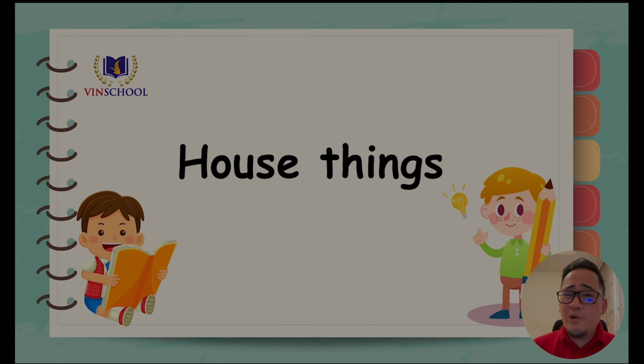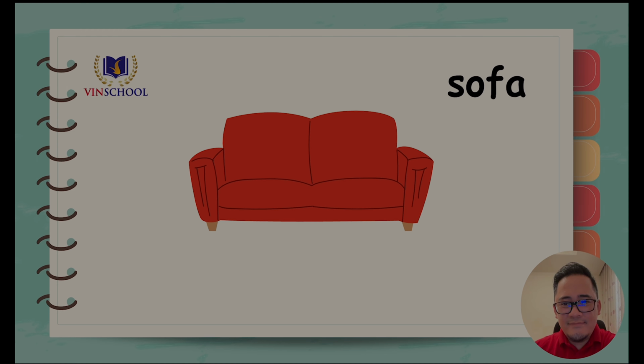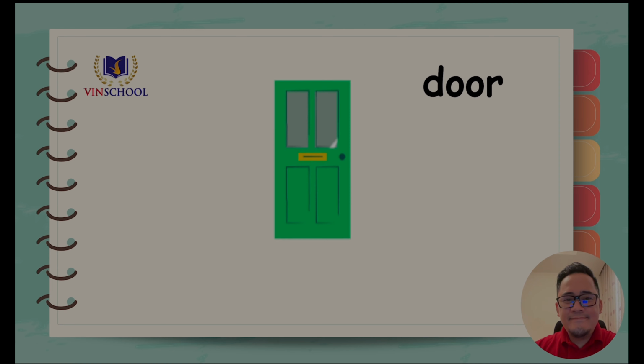Next, we will review about house things. What is this? House. This is a house. What is this? Sofa. This is a sofa. What is this?